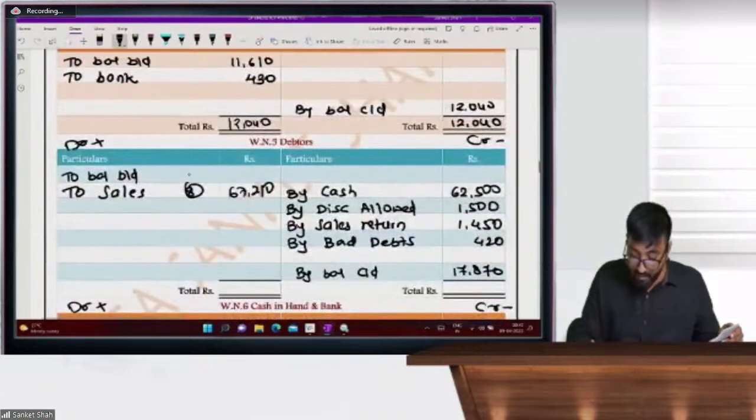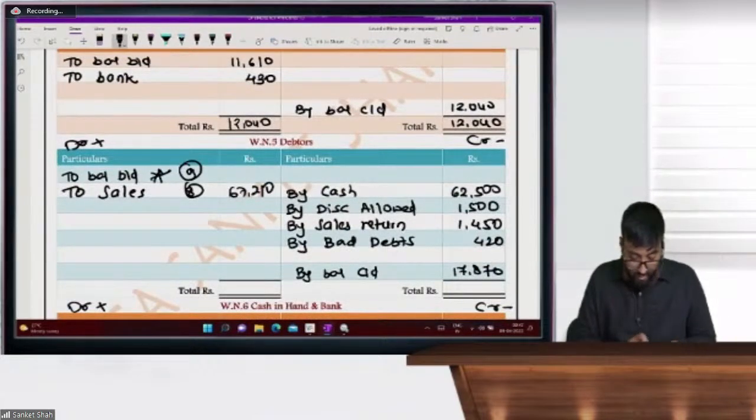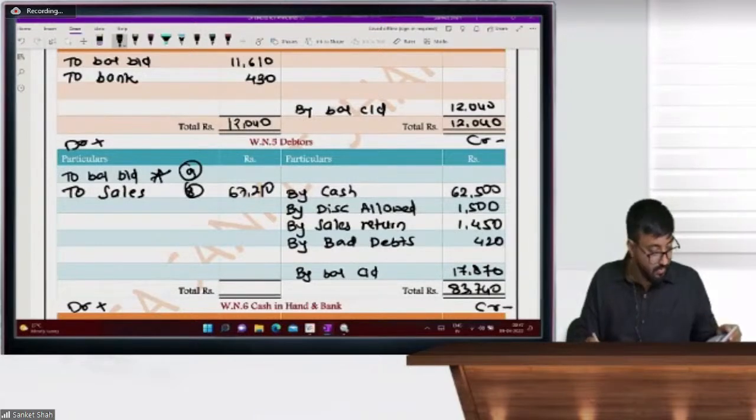And now 9 number is balancing figure. 62.5 plus 1.5 plus 1.45 plus 0.42 plus 17.87. So this is 83,740 minus 67.21. 16,530.